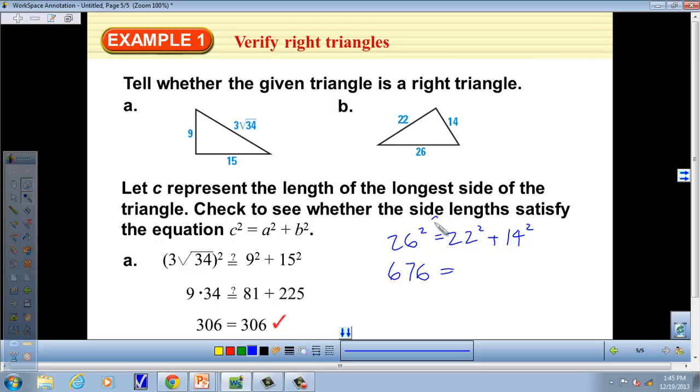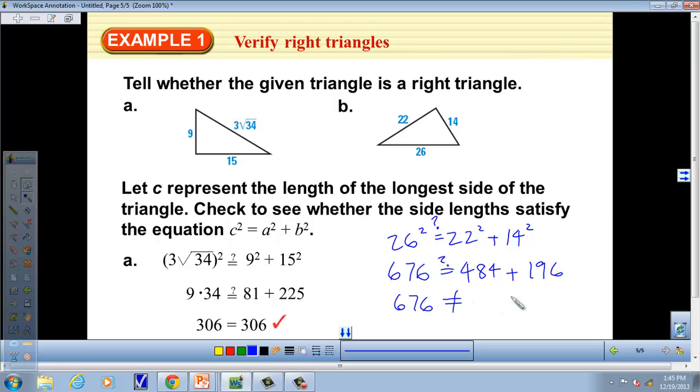And again, we still don't know if that's true, so we're putting that question mark there. 22 squared is 484. And 14 squared, I believe, is 196. Yes, 196. So we're going to add that to 484. And we end up with 676 here.